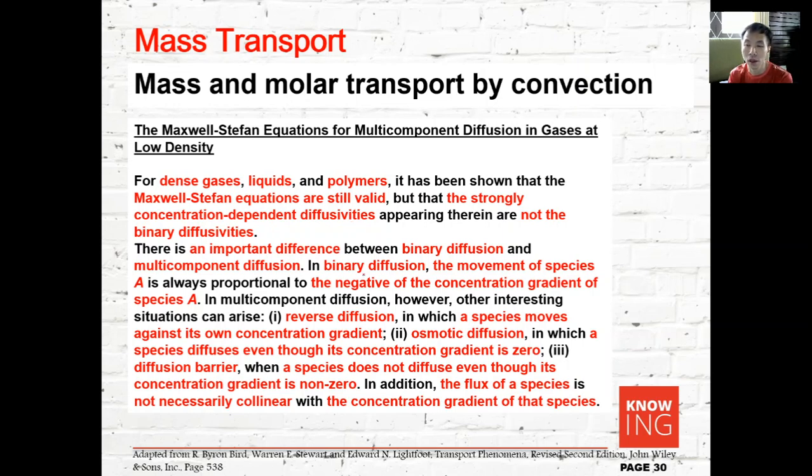And multi-component diffusion is more complex than binary diffusion because we can have complicating situations such as reverse diffusion, in which a species moves against its concentration gradient, osmotic diffusion, where a species diffuses even though the concentration gradient is 0, and then we can also have a diffusion barrier, when a species does not diffuse even though its concentration gradient is non-zero. And the flux of the species is not necessarily collinear with the concentration gradient of that species.